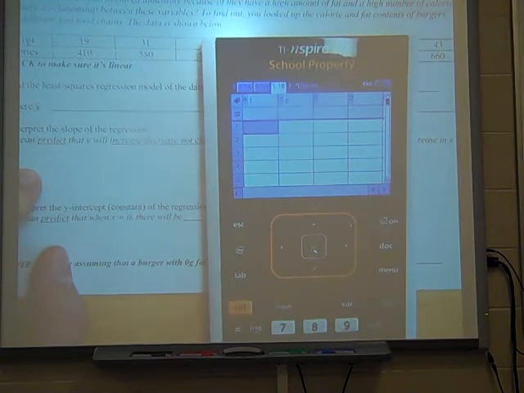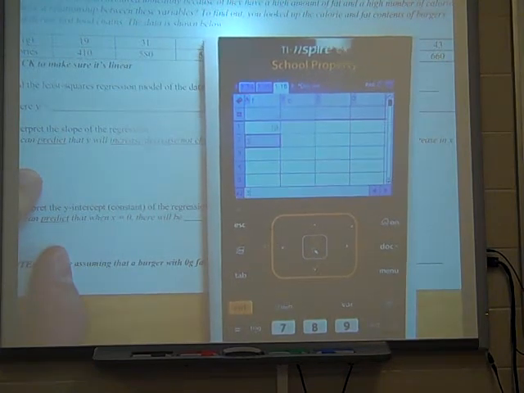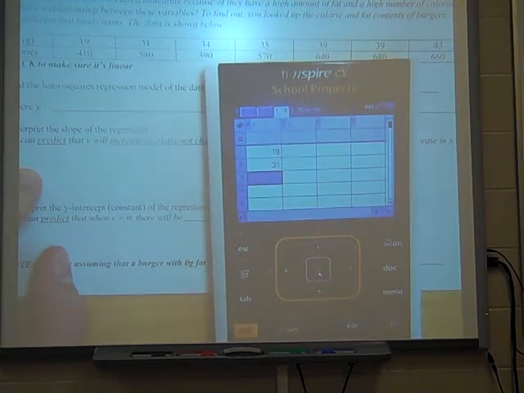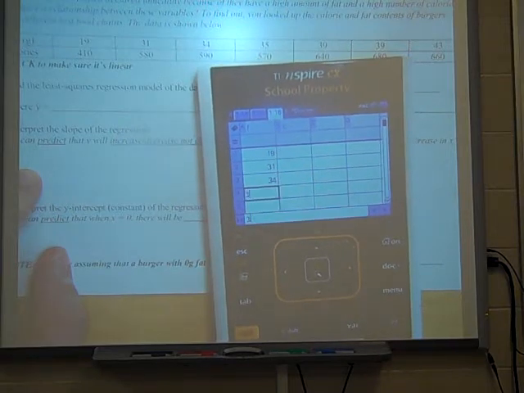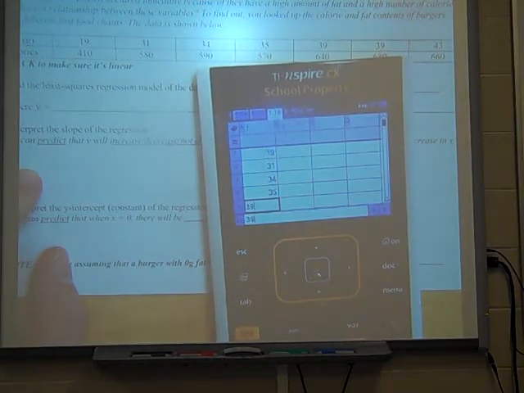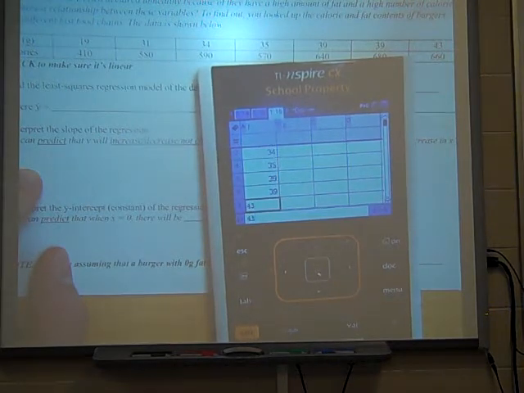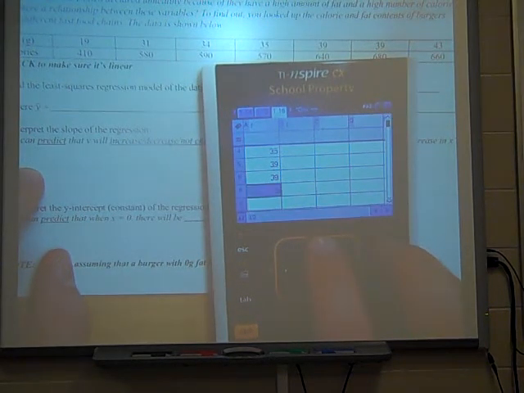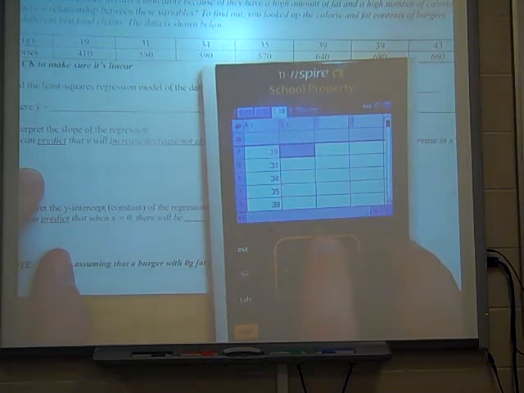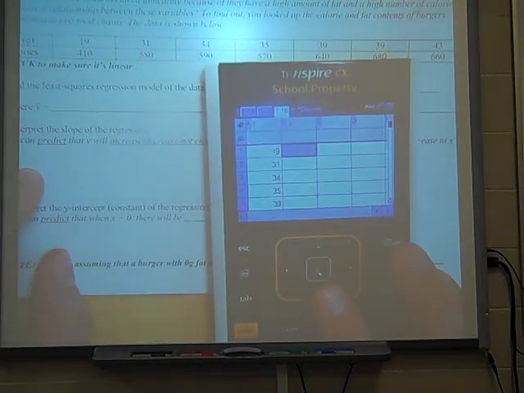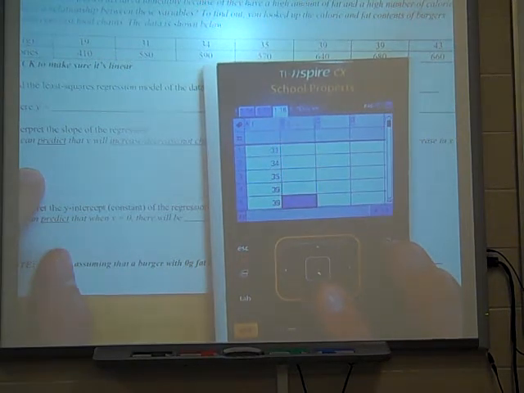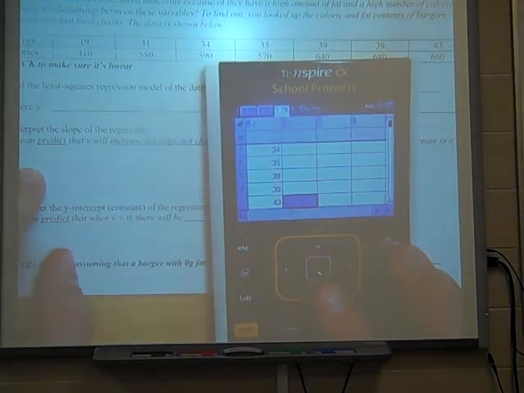Yeah, the data should be 19, 31, 34, 35, 39, 39, and 43. So you get 19, 31, 34, 35, 39, 39, 43.